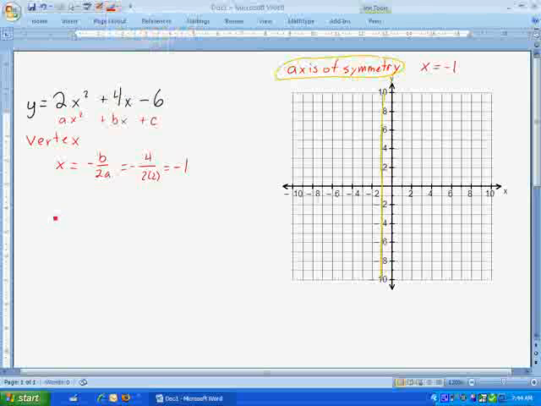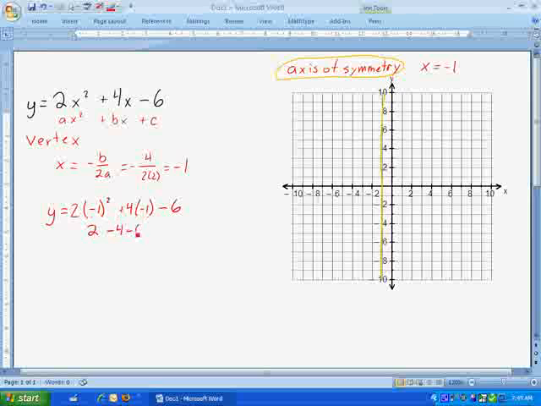Now let's go back and find the y value of the vertex. To get the y value of the vertex, I'm just going to put negative 1 in for each of my x values. And so it'll be 2 times negative 1 squared plus 4 times negative 1 minus 6. So negative 1 squared is negative 1 times negative 1, which is positive 1. 1 times 2 is 2.